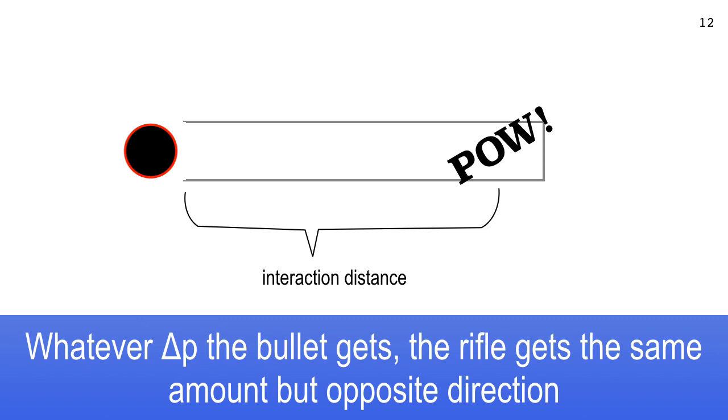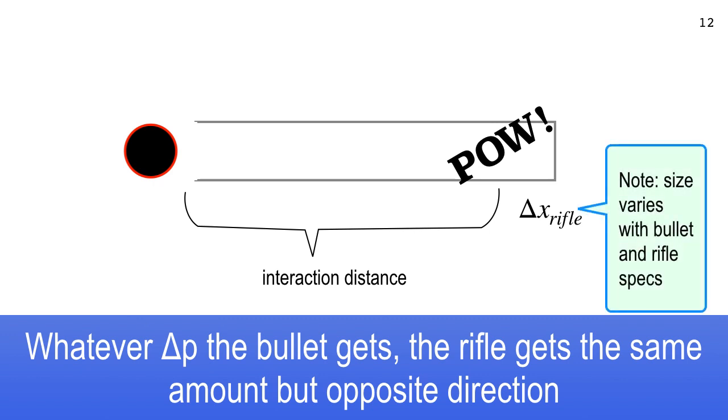You get this big explosion and it forces the projectile out. But once it's out here, it's pretty much finished speeding up, maybe a little bit more. So anyways, we've got an interaction distance, and the rifle or the tank gets a little bit of delta X off in this direction. It gets a little bit of rocking.